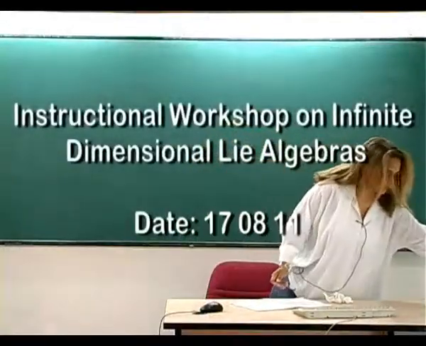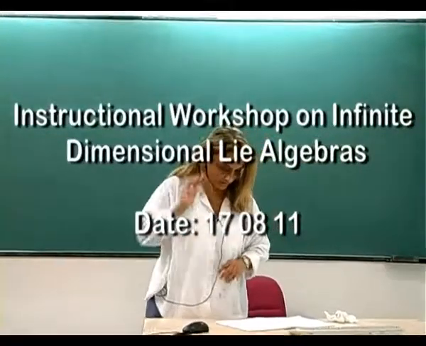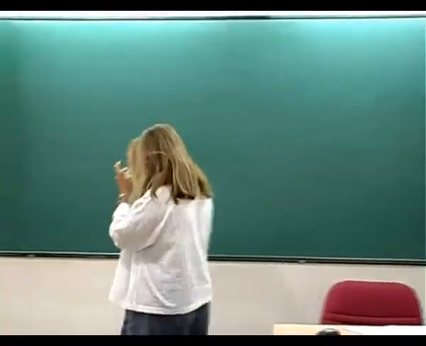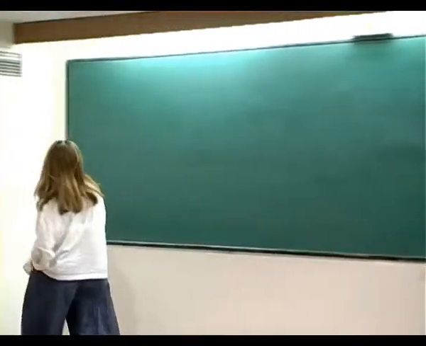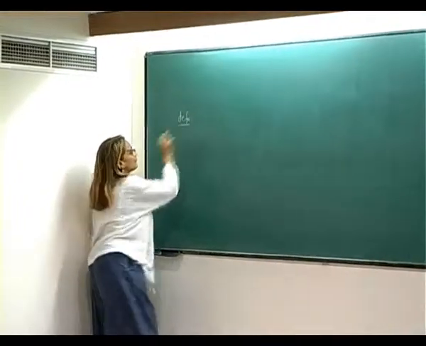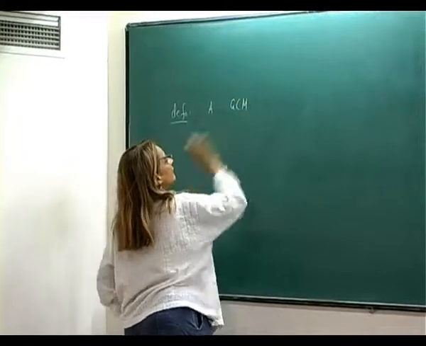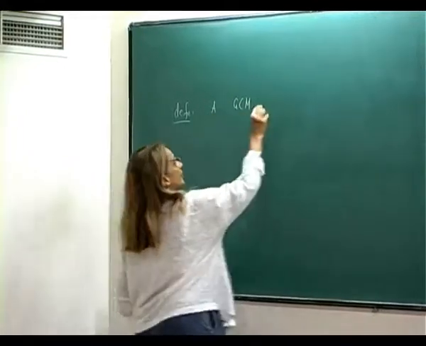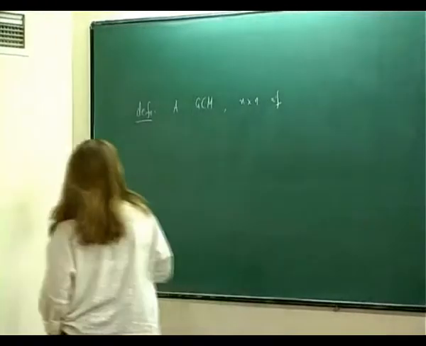Okay, so today I'm going to start by discussing elementary properties, definitions, and so on of Kac-Moody algebras. So we'll begin with the definition again of a generalized Cartan matrix. We say that A is a generalized Cartan matrix, a square matrix, so it's n by n, if it satisfies the following.